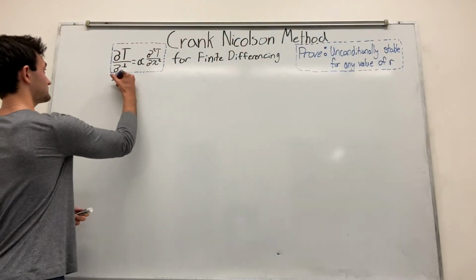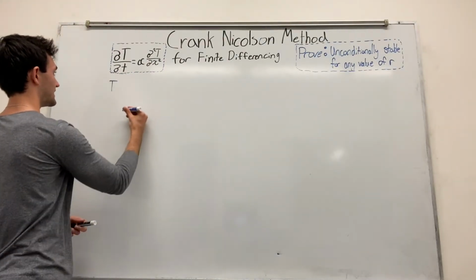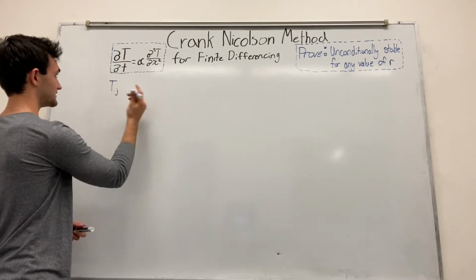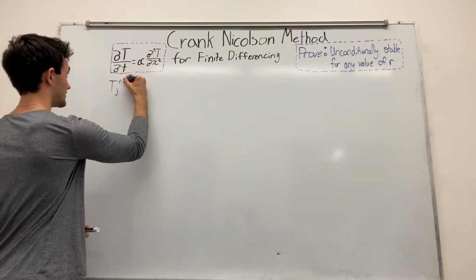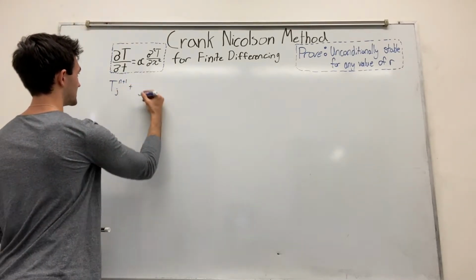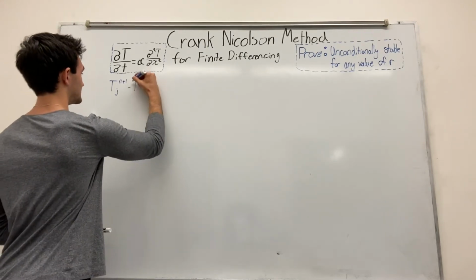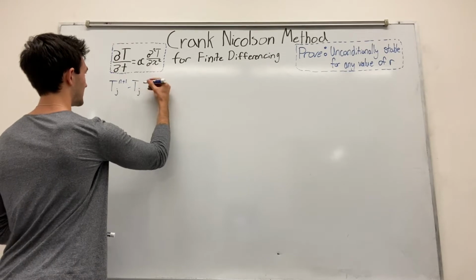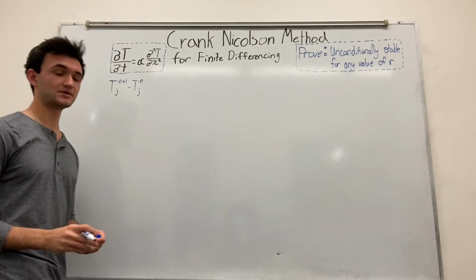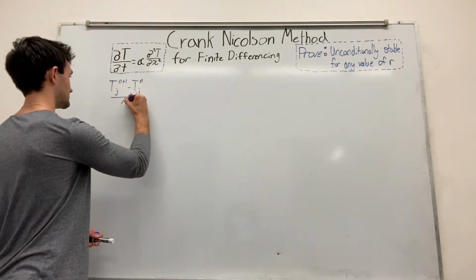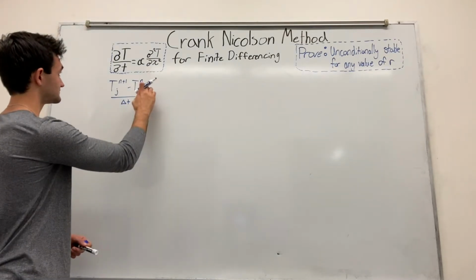So your temperature at the position of interest, or the block of interest, one time period in the future, minus your temperature of the block of interest at the current time period, divided by your change in time.